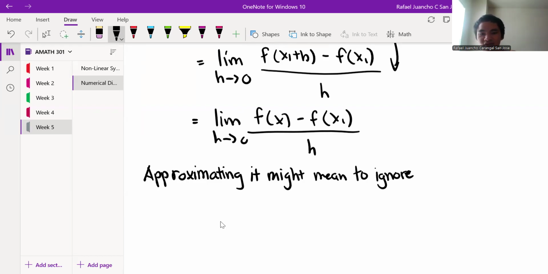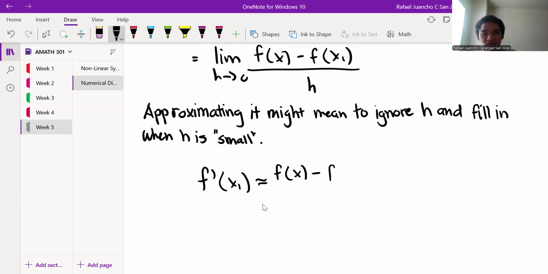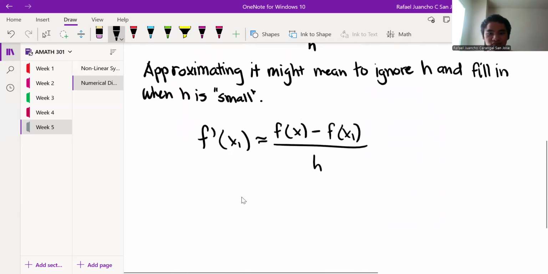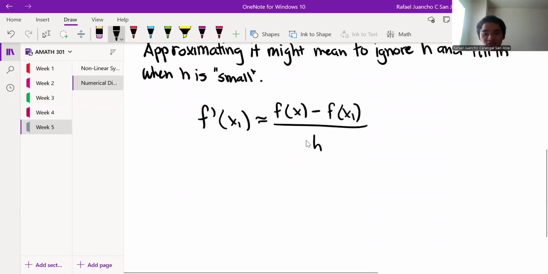It's also a mathematical thing. Fill in when h is quote unquote small. How small is small, right? What does that mean? So, okay, let me just write it out. It's approximately the function at our current point all the way to our desired point over h. Or no, it's the function of x sub 1 plus h, minus f of x sub 1, over h.